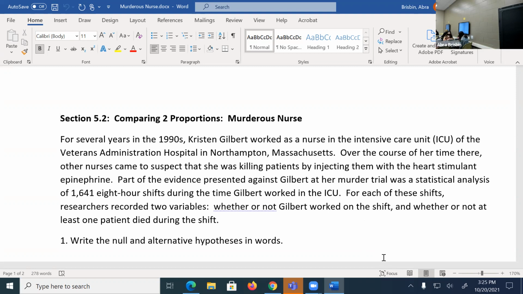The alternative is that there is a positive association between her working the shift and patient deaths.